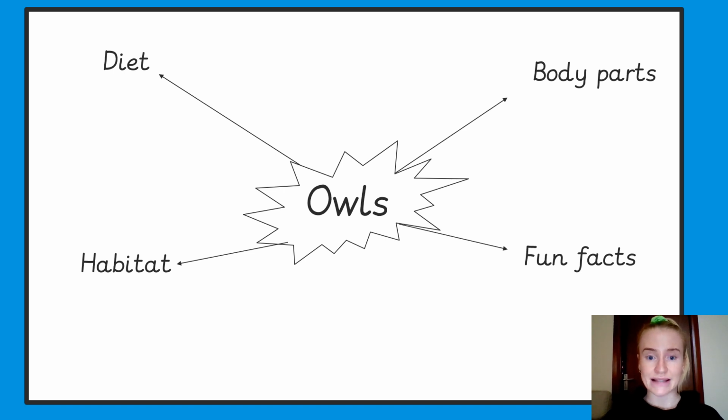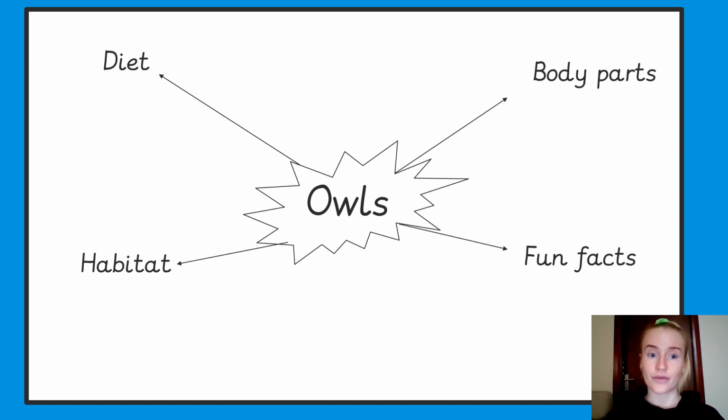So I've done some examples of how you might like to lay out your plan. This here is called a spider diagram. And we've used them sometimes in school. You would write the key word in the middle, and for this activity we're writing all about owls, so that's what I've written in the middle.